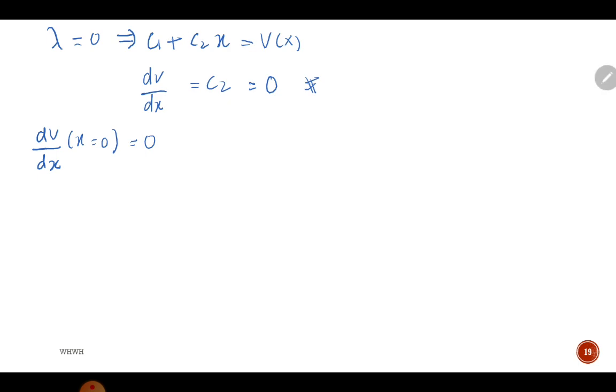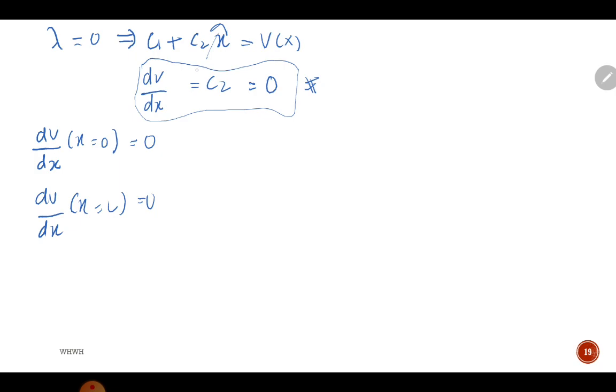So bila C2 equals to 0, okay, daripada sini straight away sebab dv over dx at x equals to L equals to 0 memang tak boleh nak pakai dah, sebab when you differentiate you just left with C2, kan?